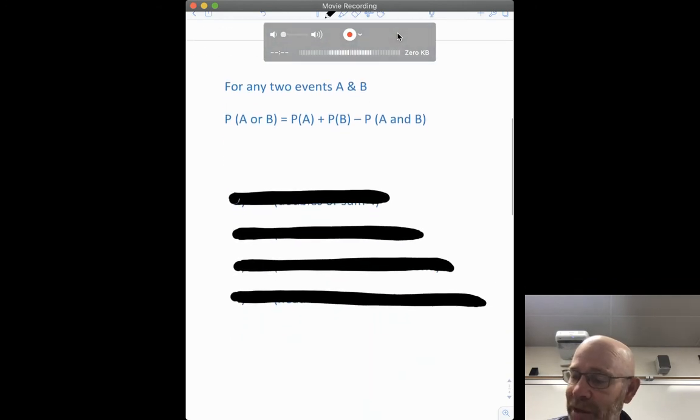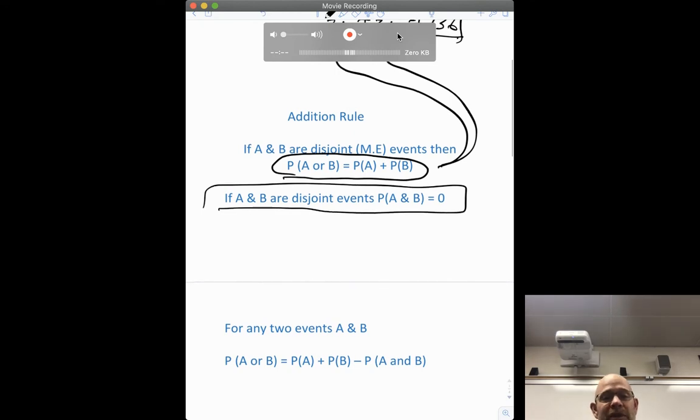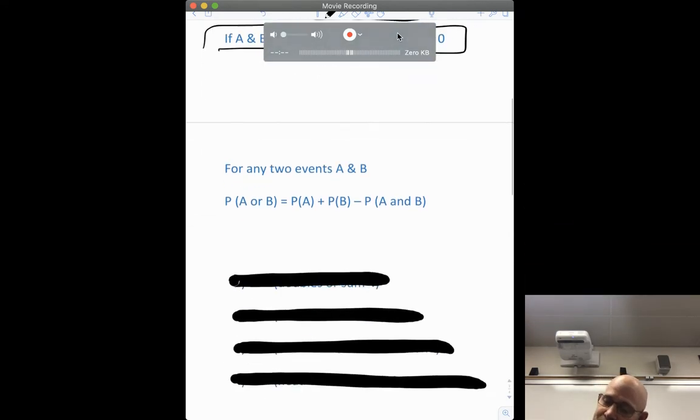So we have a formula here. The first addition formula I gave you back here is very specific, right? It's only if the two events are mutually exclusive or disjoint. So what we really want is a better formula, right? We want to be able to add this together no matter what. So for any two events, A and B, the probability of A or B happening.